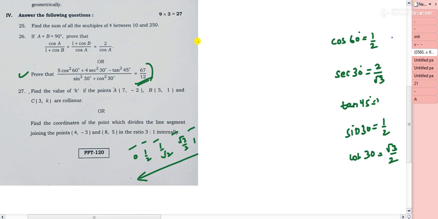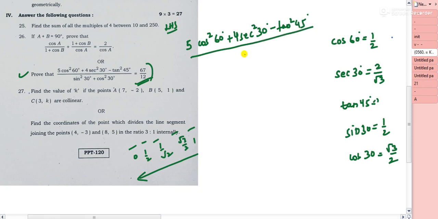Now let me write the question here. After writing the data, I write the LHS: 4 sec square 30 degree minus tan square 45 degree divided by sine square 30 plus cos square 30.